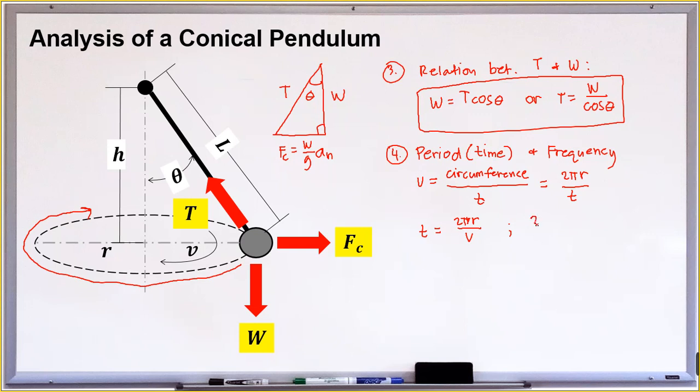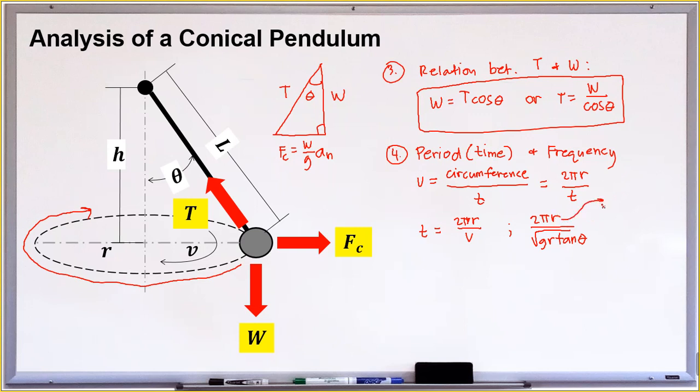So the time is 2 pi r over the square root of g r tangent of theta.